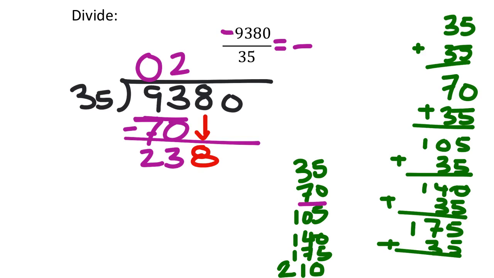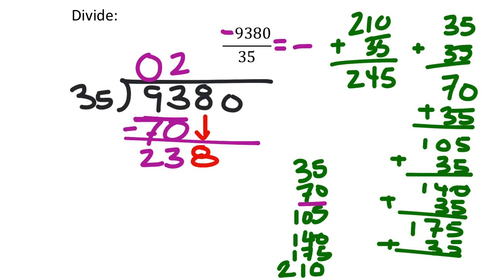And if I add another 35, I just ran out of space, that would make that 245. So that would be the 7th multiple. 238, which is less than 245 but more than 210, means that we're looking at the sixth multiple there. So 6 times 35 is 210.